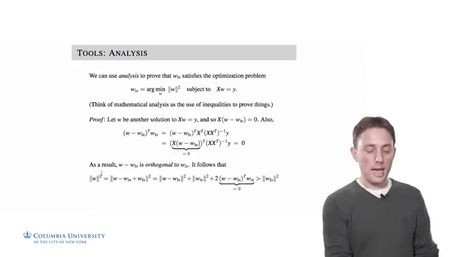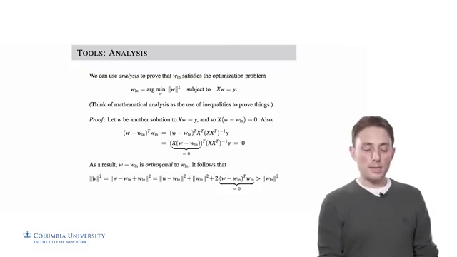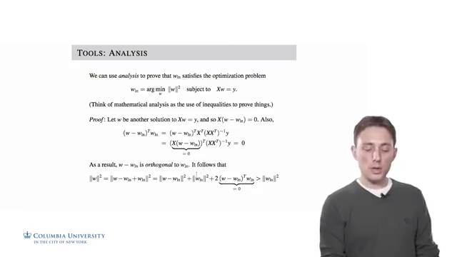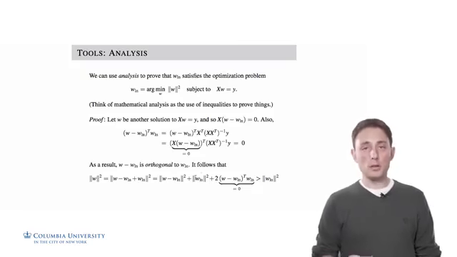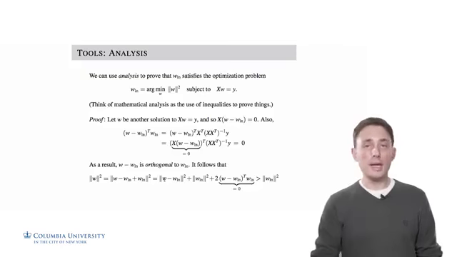We've shown that the squared norm of any solution that we choose is equal to the sum of 2 terms. It's equal to the squared norm of our least norm solution plus the squared norm of the difference between our least norm solution and any other solution that we choose.